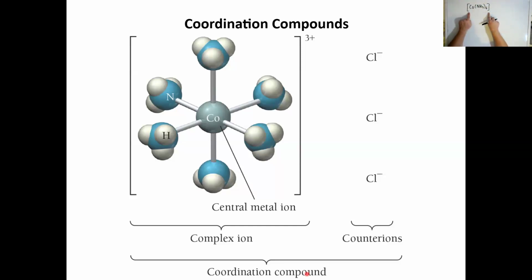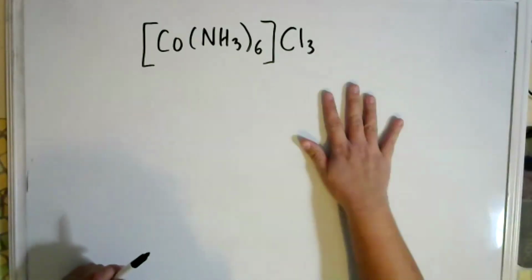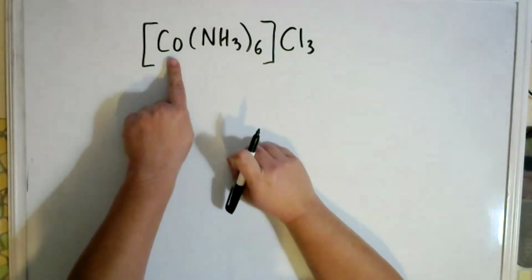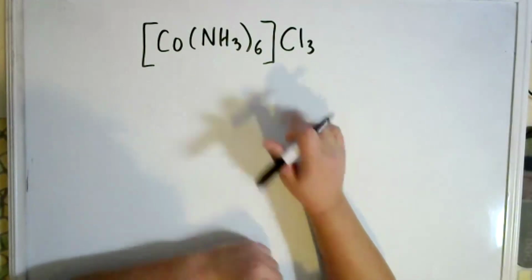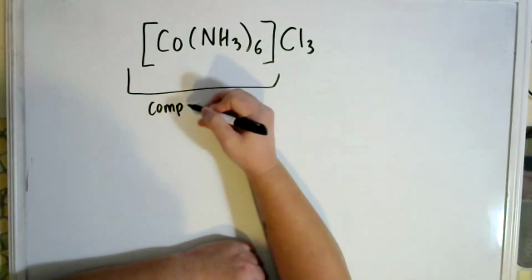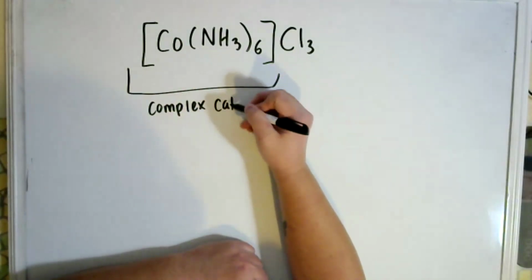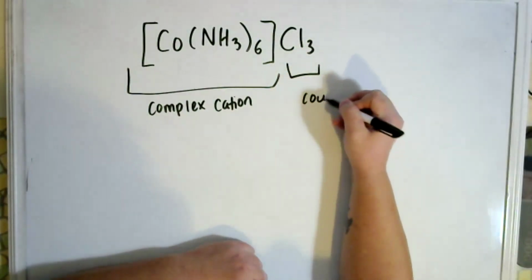This represents our complex ion, and then we're going to have 3 chlorides attached. Let me stop sharing the presentation real quick to make sure that everyone sees. That's our middle cobalt. These are our 6 NH3 ligands, and then we have the 3 chlorides attached. This part here is our complex cation, and then this represents the counter ions.